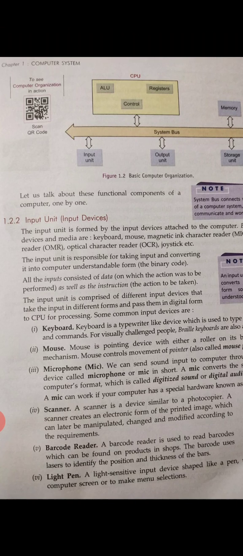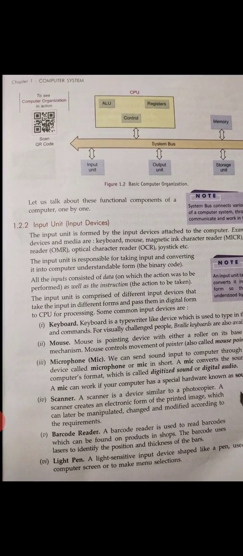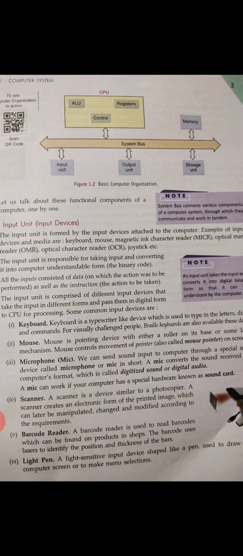barcode readers. Means in the shopping malls you can see them click and capture the MRPs, the printed price, and they create bills. So that is a barcode reader, then light pens, all these are input devices, used to give input.